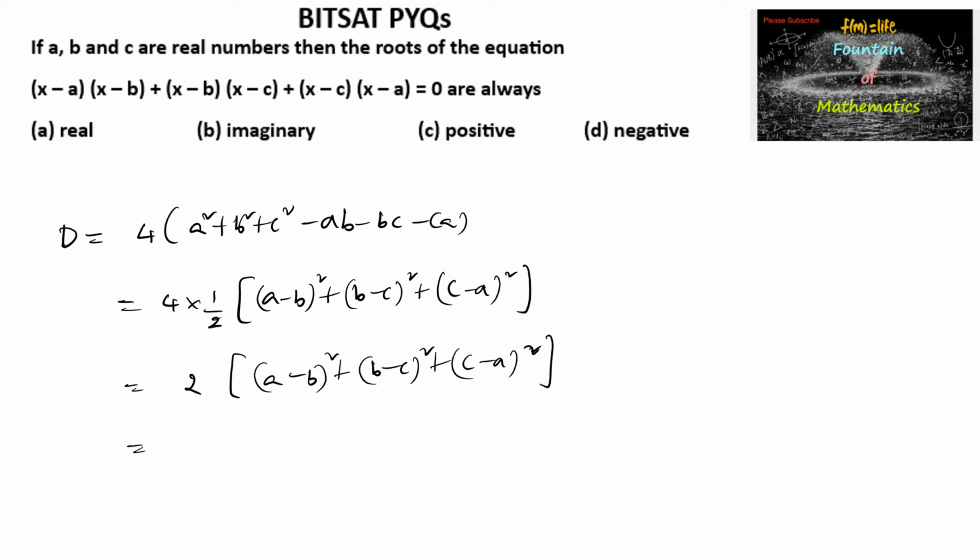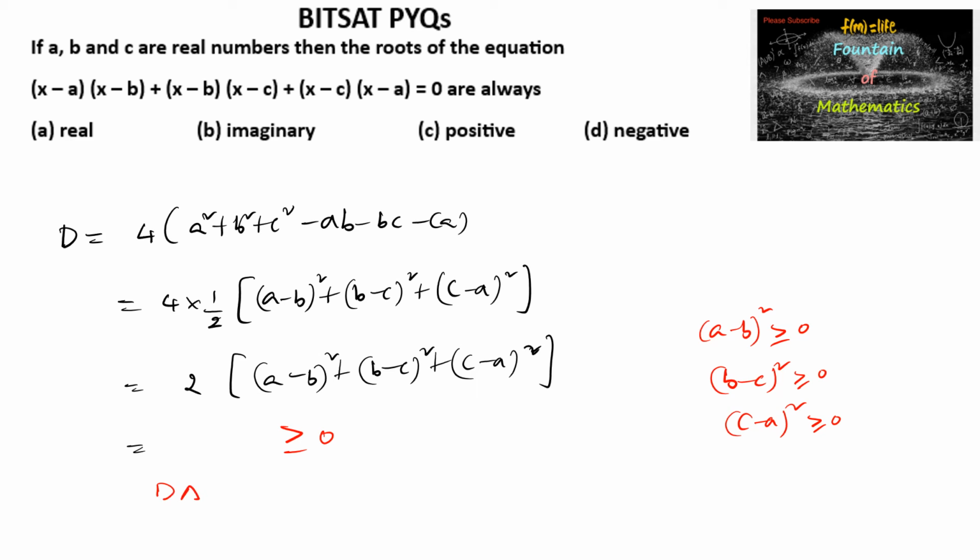And here we can consider (a−b)², (b−c)² and (c−a)² are all non-negative: either a, b, c are equal, or (a−b)² ≥ 0, (b−c)² ≥ 0, (c−a)² is always ≥ 0. So we can consider this is greater than or equal to 0.